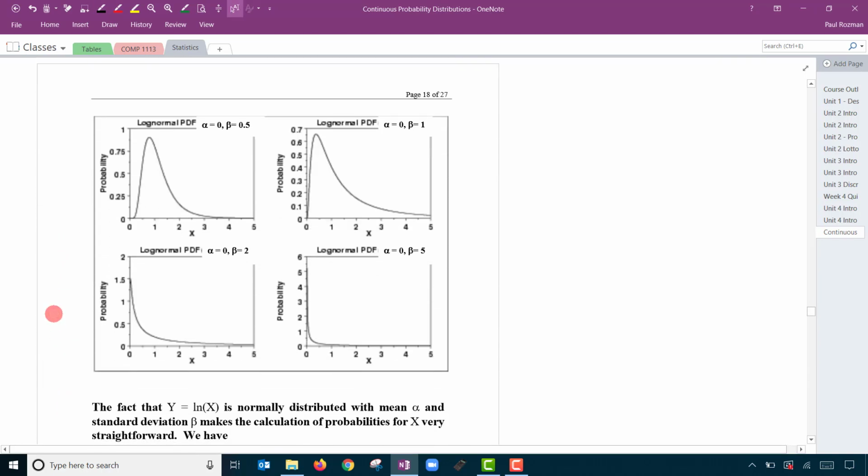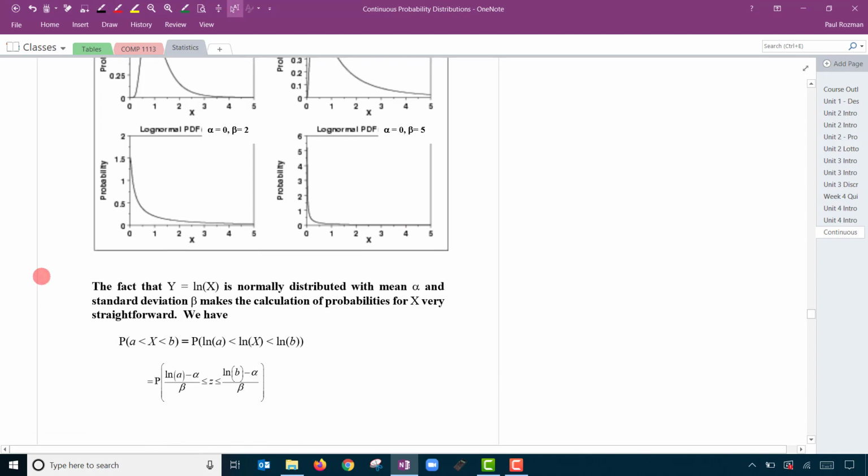Looking at the log normal distribution, its shape changes depending on what your parameters are. As alpha and beta vary, we get different shapes. Often it looks skewed to the right. Sometimes it looks like exponential decay, when beta is bigger than 1.